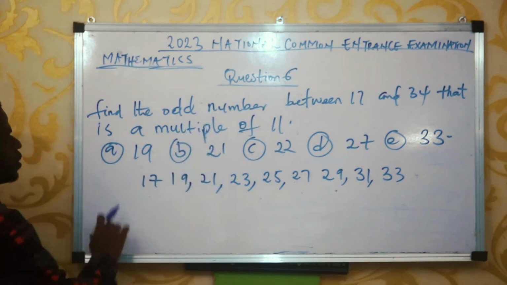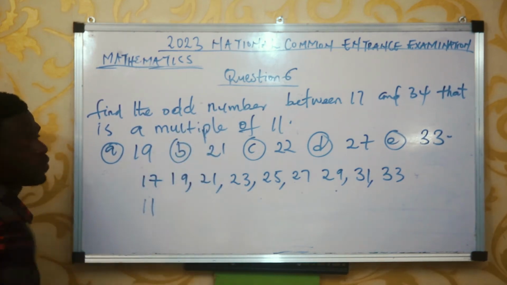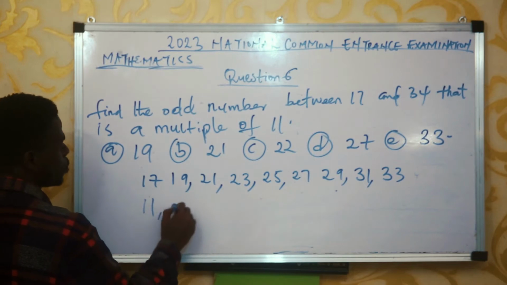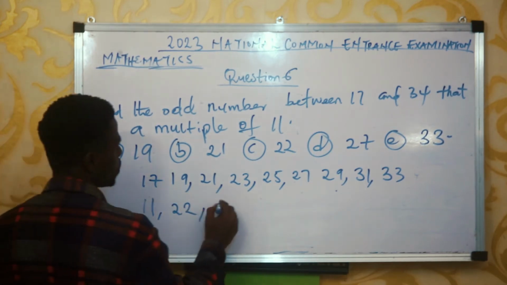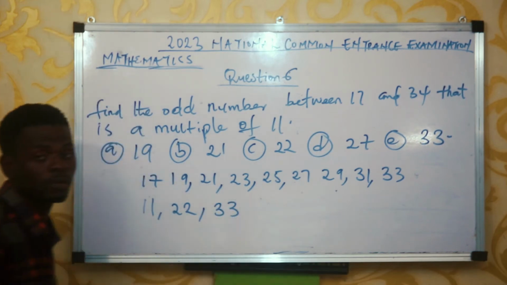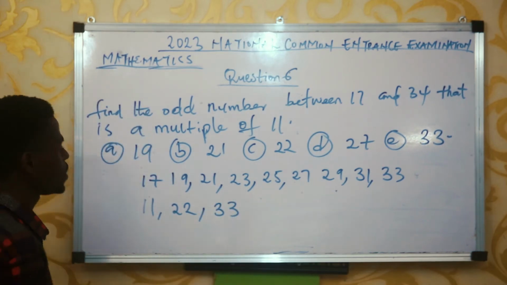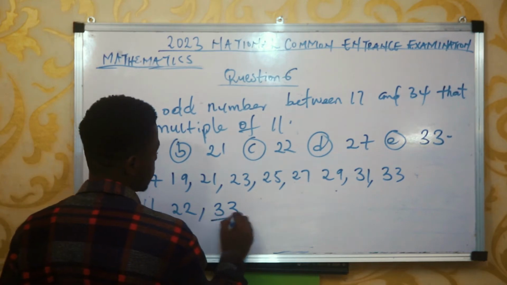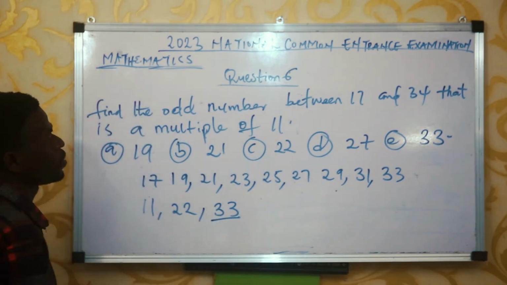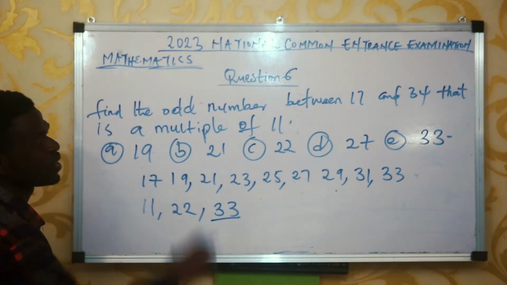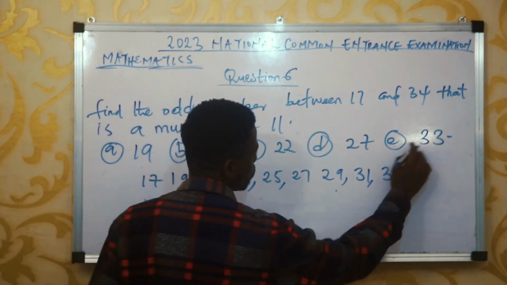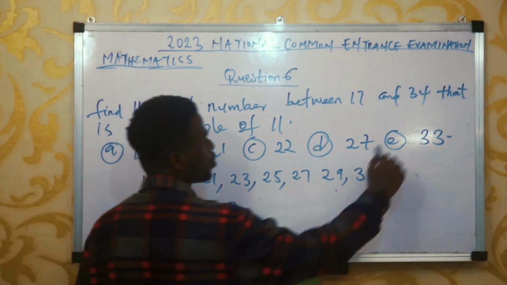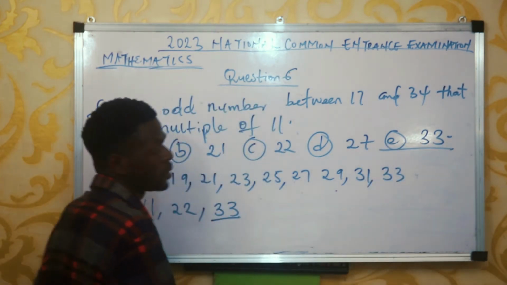Let's check. Multiples of 11: 11 plus 11 gives us 22, and 22 plus 11 gives us 33. If you look at it very well, the answer is 33, because the multiple of 11 between 17 and 34 is 33. So our option there is option E. The answer is 33. Thank you very much.